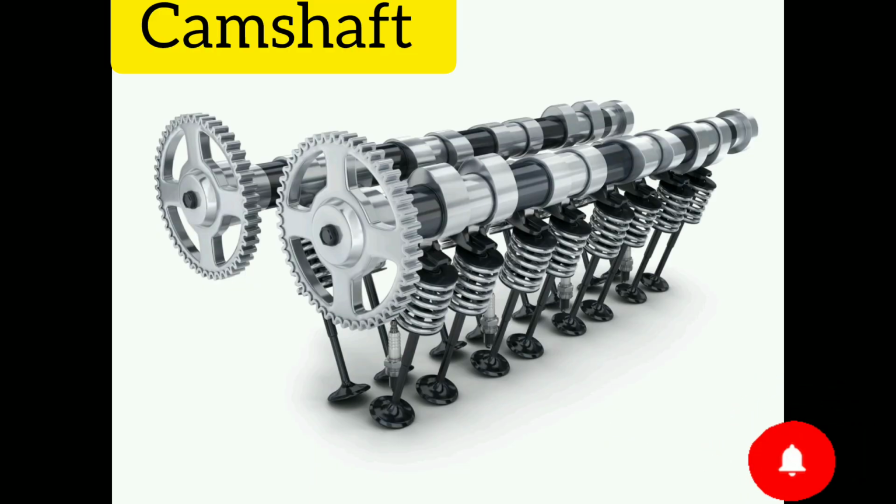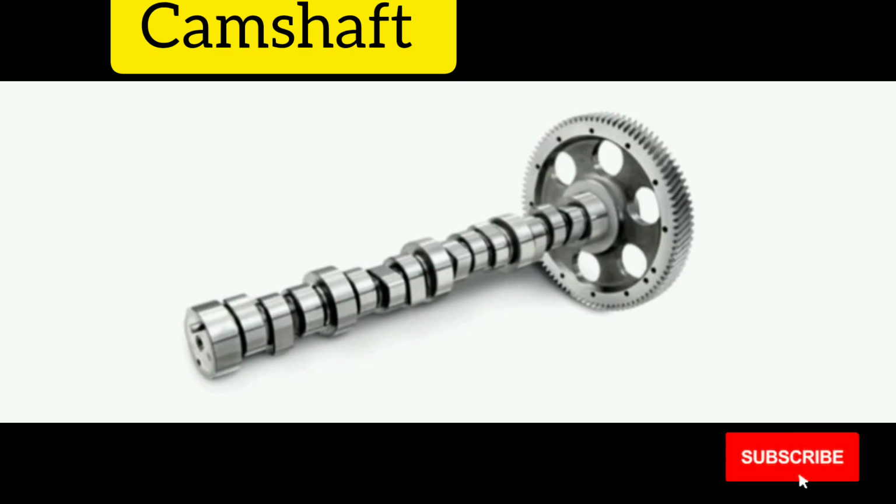This is a camshaft and it is located on the cylinder head on the top of an engine. As you know, the purpose of the camshaft in an engine is to open the valves. The camshaft opens the valves via a belt which is coming from the crankshaft.